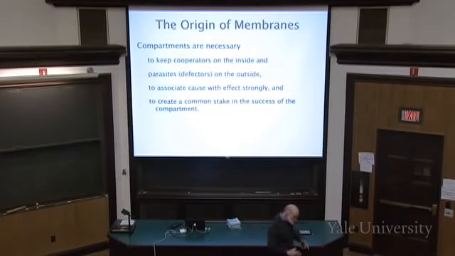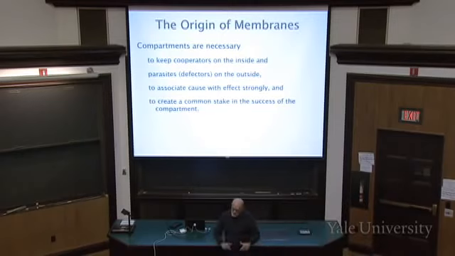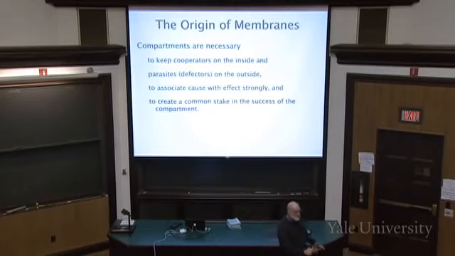But if you can contain the cycle, then reciprocity is going to occur because the cycle is shielded from the outside. And it means that all of the elements in the cycle have a common stake in the success of the compartment. They are all in the same boat, they're all in it together. If they get better at what they do together by cooperation, they will improve their competition with the other similar things on the outside.